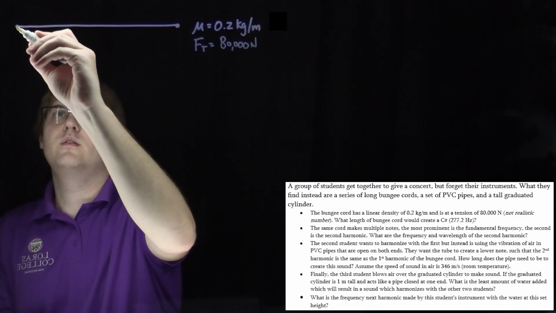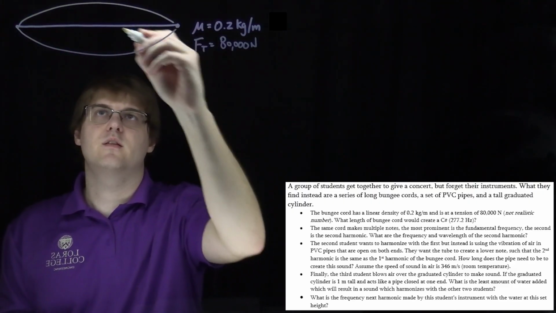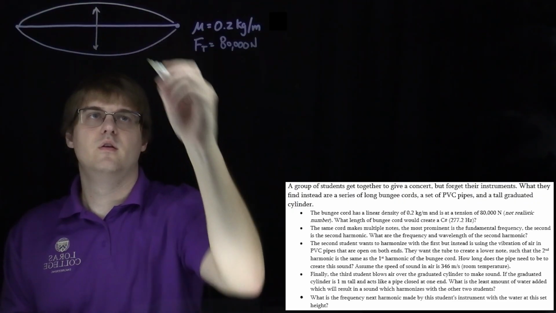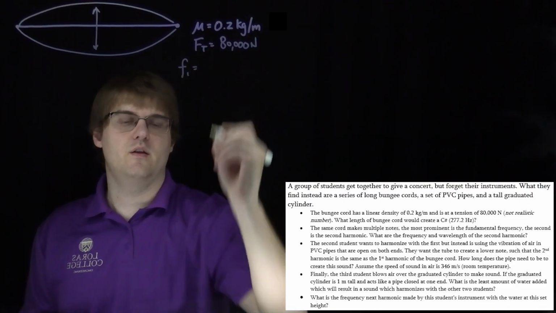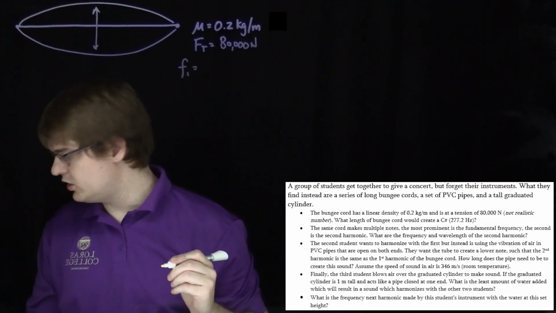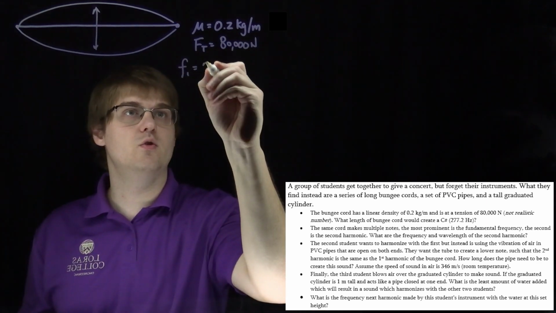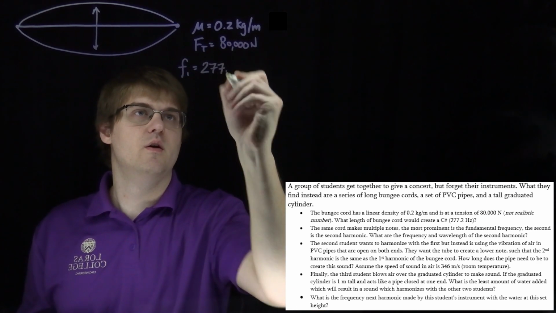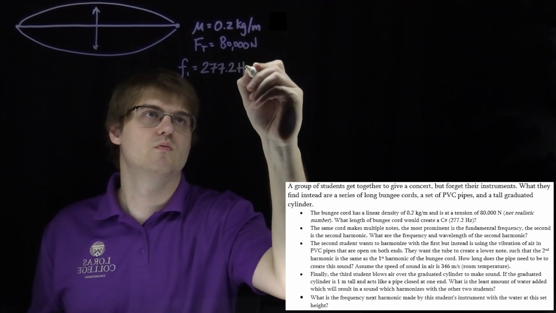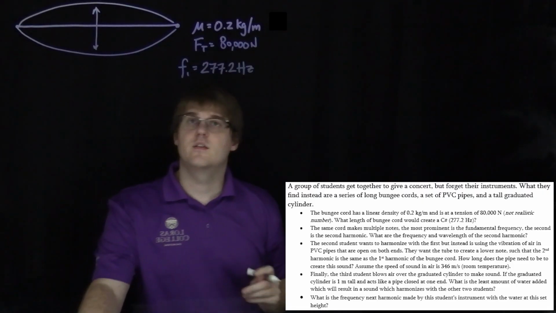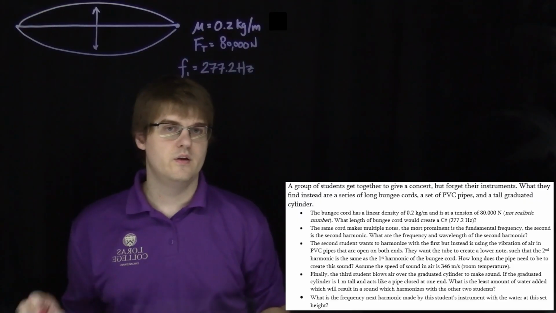And we're told that when it's plucked, we want it to be at a length such that the frequency at the first harmonic is supposed to be a C sharp, which we're told for this is going to be 277.2 hertz. And this improvised group wants to know a couple things.